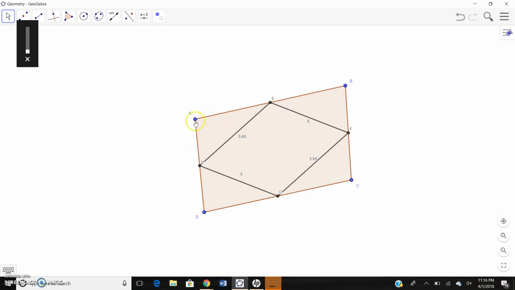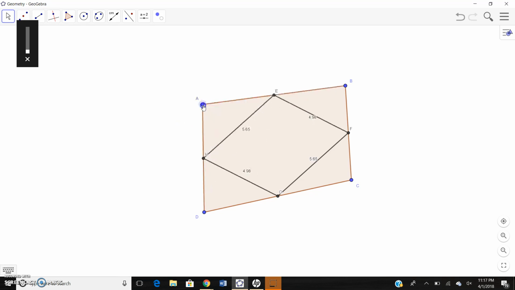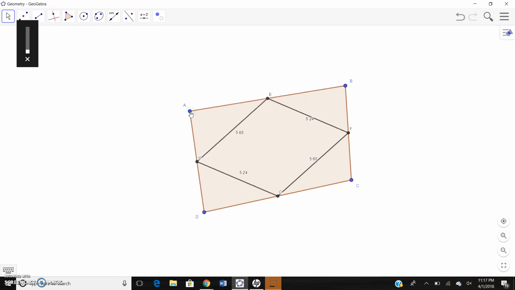And so for my last conjecture, pulling this information together, I'm going to say that EFGH forms a parallelogram. So if I want to test that, I can construct parallel lines using this tool.